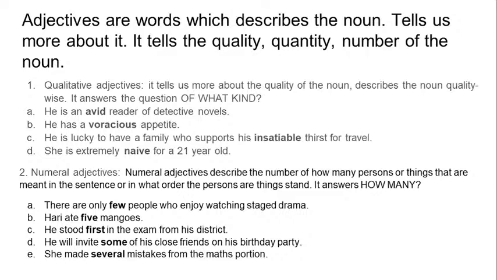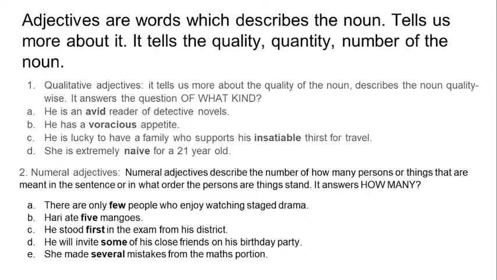Now all adjectives are not the same and any adjective cannot be used anywhere. All of the adjectives have their own specific uses, just like tenses, verbs, everything. So if we have to learn the various kinds of adjectives, we have listed some of them, the most important ones and the usual kinds that we get in sentences.